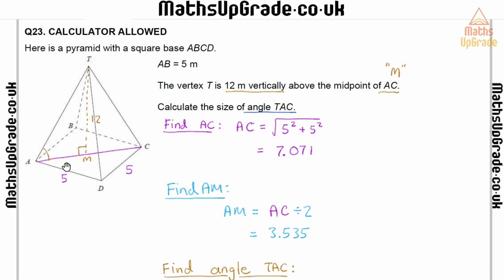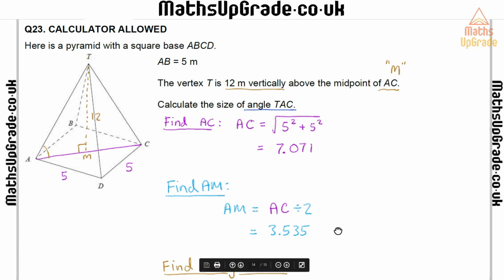So quite simply, I've got a right angled isosceles triangle here, and using Pythagoras, AC would be 7.071. If you're not sure on how I've used Pythagoras, look back at my clip on Pythagoras on this channel. To find AM, which is this length here, AM is quite simply half of AC, since M is a midpoint of AC. So AM would be 3.535.